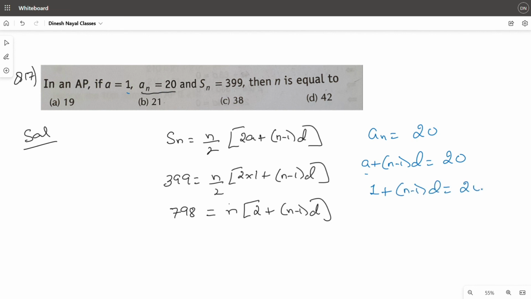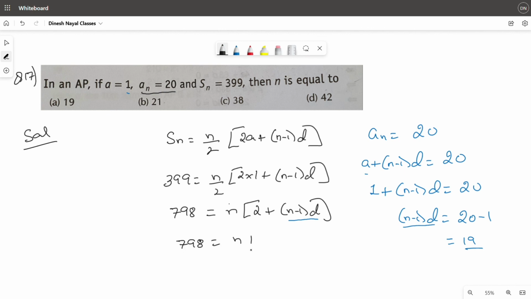Now taking 1 to that side, n minus 1 times d will be 20 minus 1, that is 19. So we can substitute the value of n minus 1 into d over here. So this will be 798 equals n times 2 plus 19, which is 21.